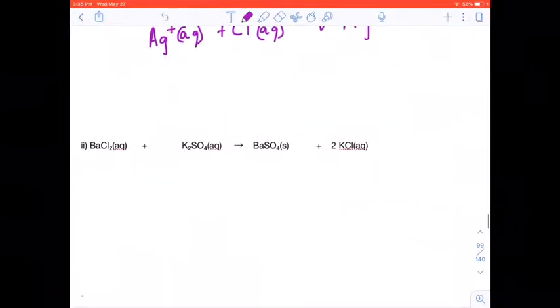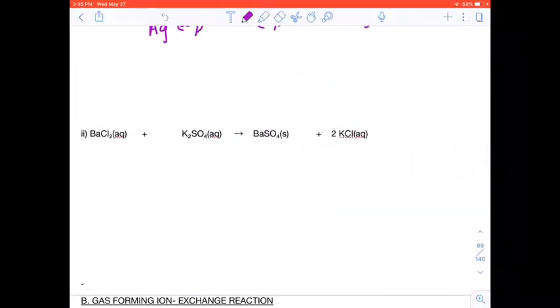Let's look at the next one. Here again we've got this precipitate reaction. So what have we got here? That's its partner, and that's potassium's partner.